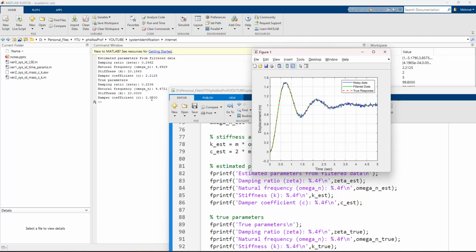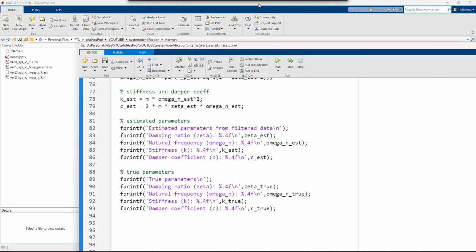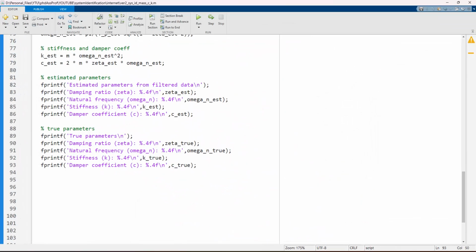So this is important. This is a good result for the second order system. We are close between the true parameters and the estimated parameters based on this information. And after that, how can we compare these results? Plot the estimated step response here.